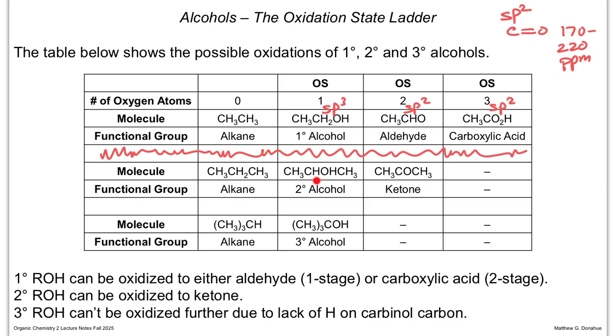It still has 1 H left over. So that can go up in oxidation state to a carbonyl, and now it's a ketone. Notice at that point, that cannot be oxidized any further using the conditions we're going to learn today.